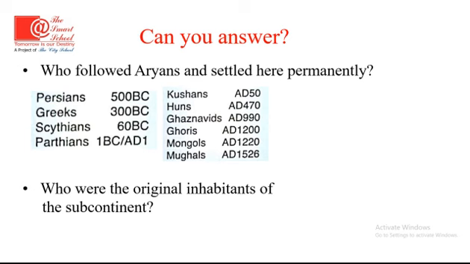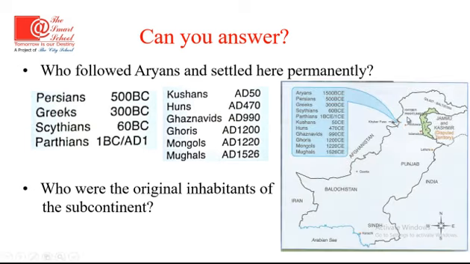And they all entered the subcontinent through Khyber Pass. So it means Khyber Pass has its historical importance, that different invaders came to the subcontinent this way.